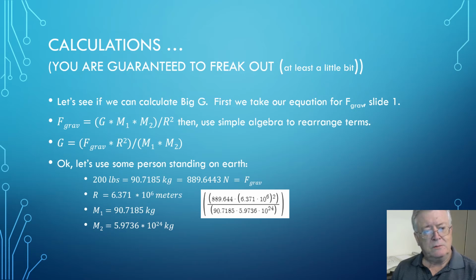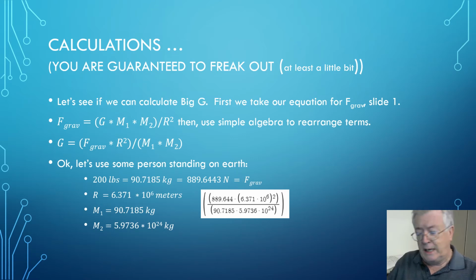Mass 2 is 5.9736. So there we have our values that we need for our equation. And there's the equation with the values substituted in.